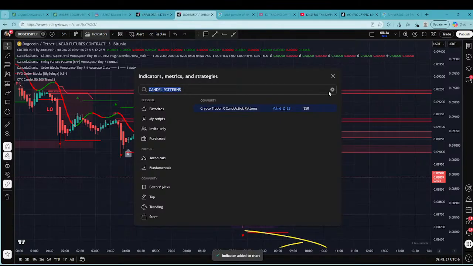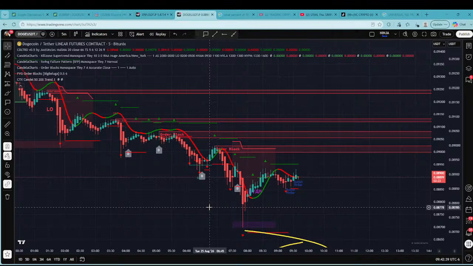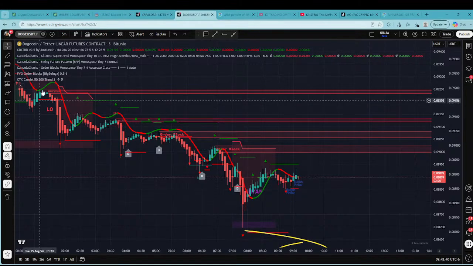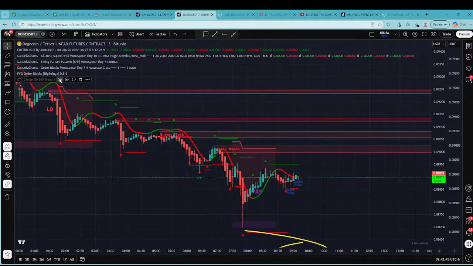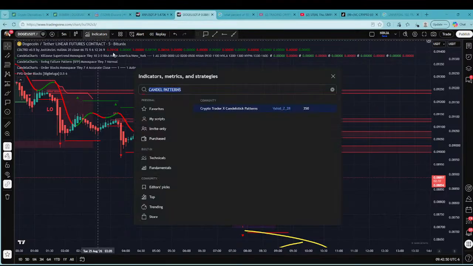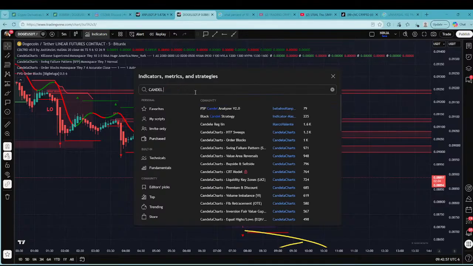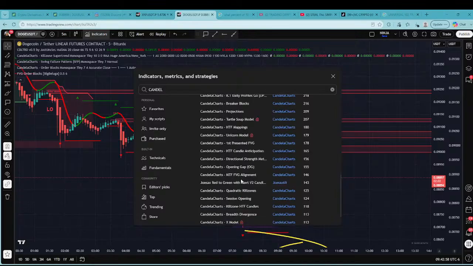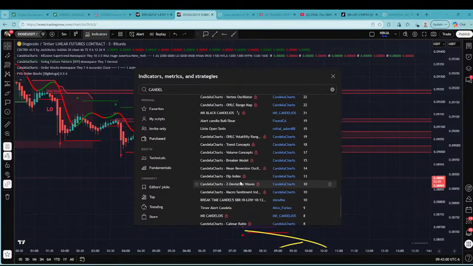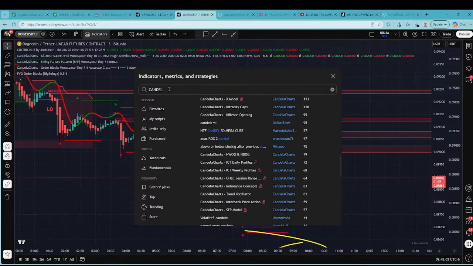Not candle patterns. Is that what it is? Or is it the candle? There's one on here that shows you all the candles. Candle, what's it called?